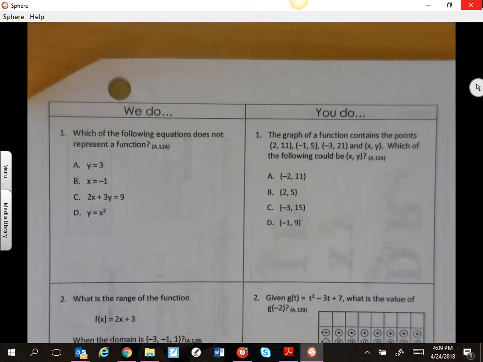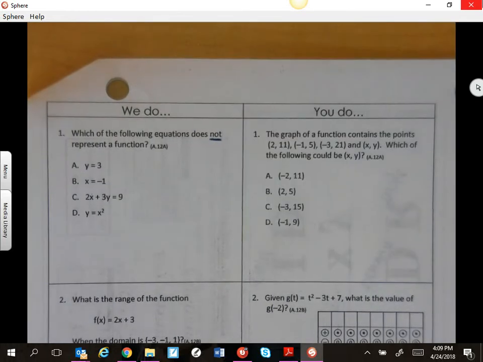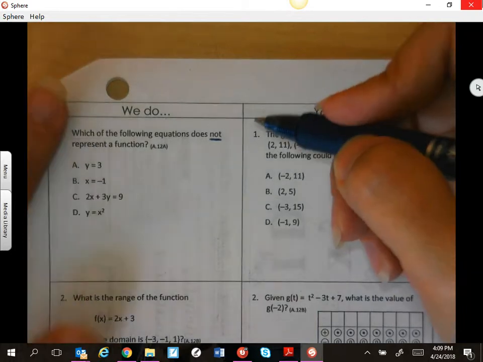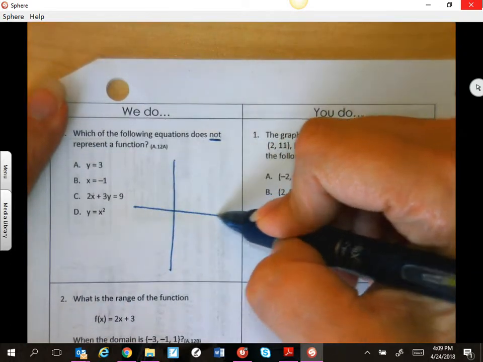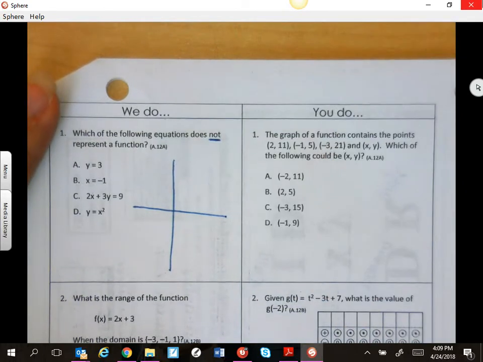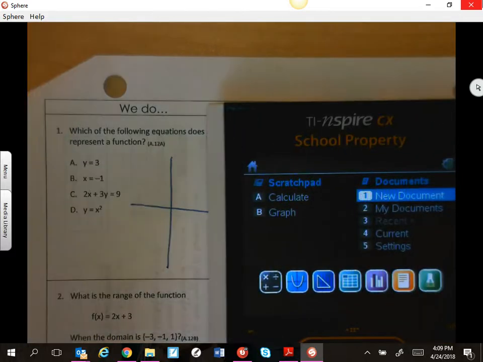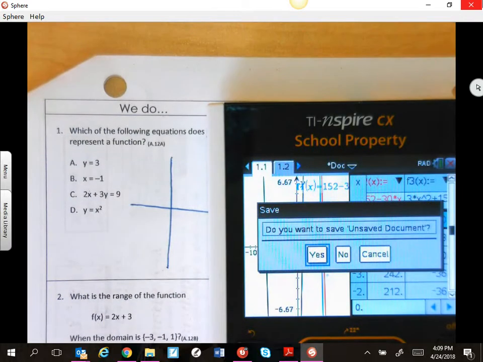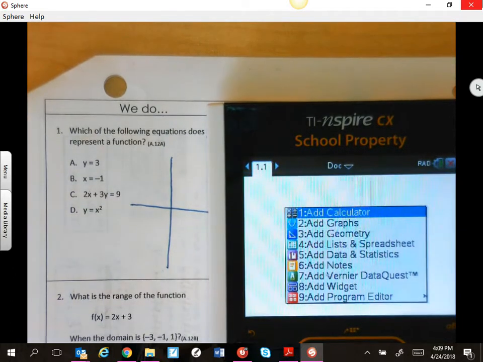There we go. Which of the following equations does not represent a function? Remember, you can do a couple of things here. We can graph this. When you have your graphing calculator, you can very easily plug in all of these equations, and you can see if it will pass the vertical line test.